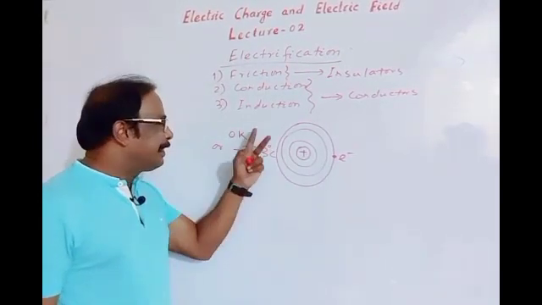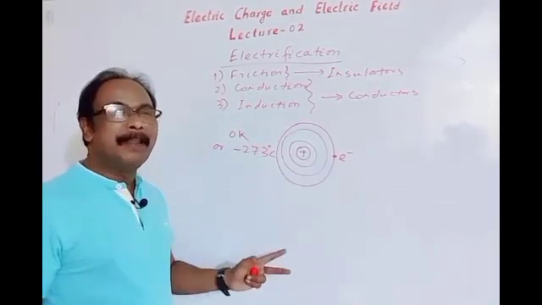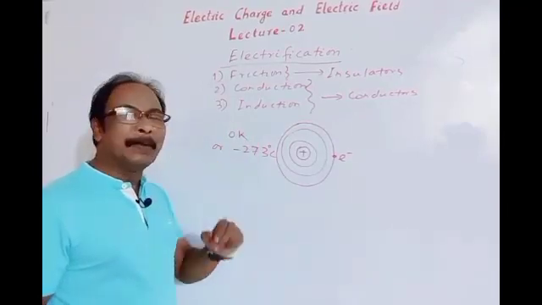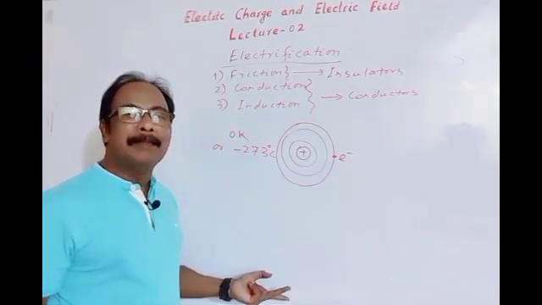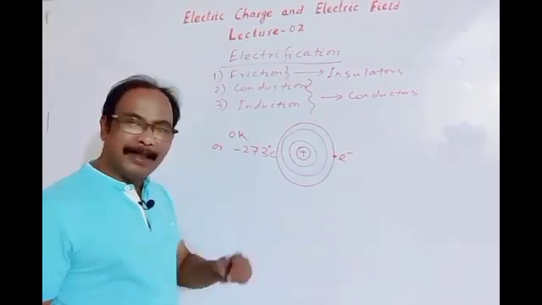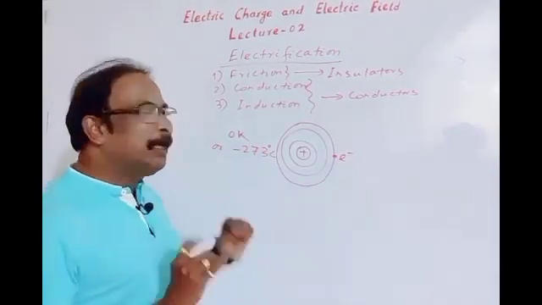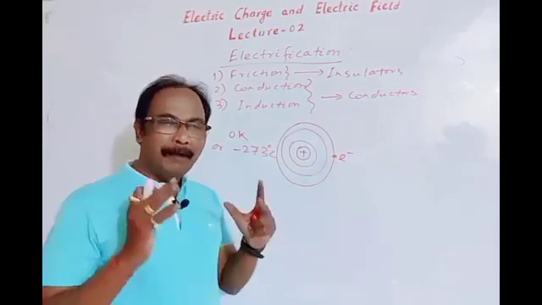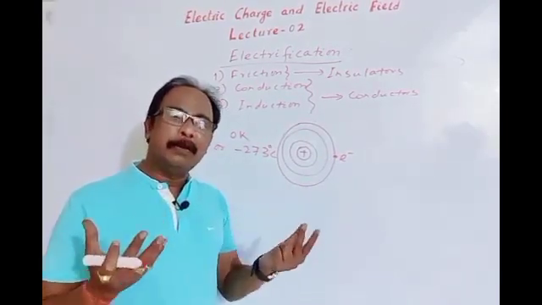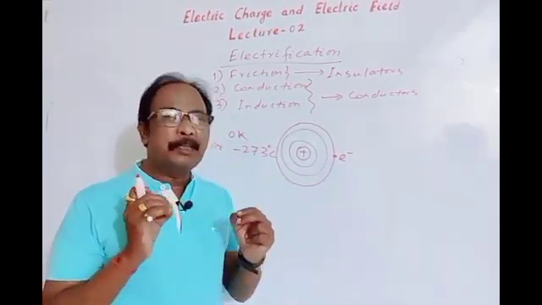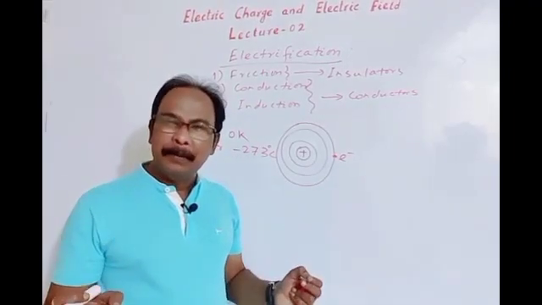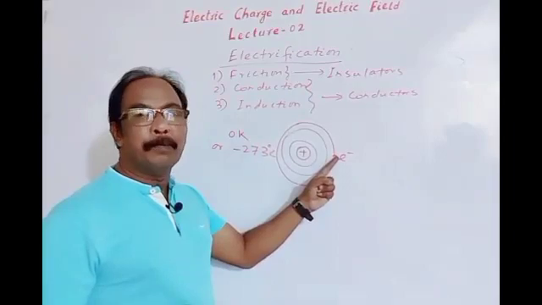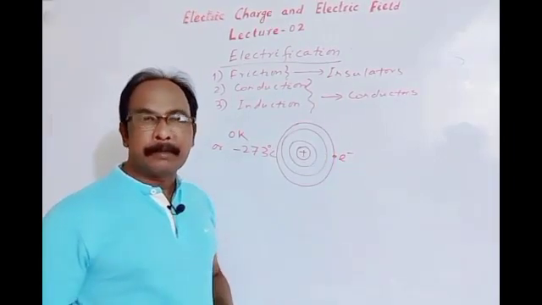Suppose a conducting body or insulating body is at 0 Kelvin or at minus 273 degrees Celsius. At 0 Kelvin, the electrons have a negligible amount of energy. It doesn't mean that the electrons stop their motion. This is a misconception.